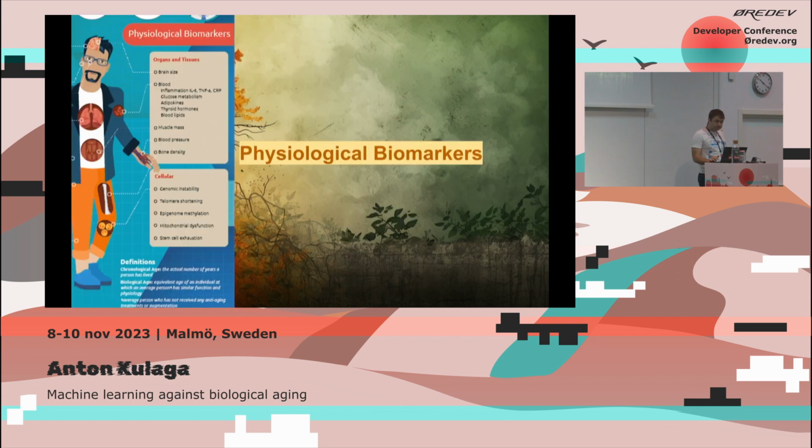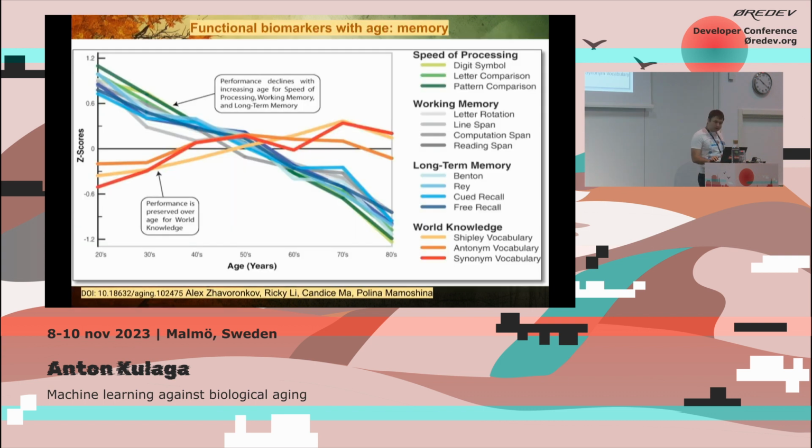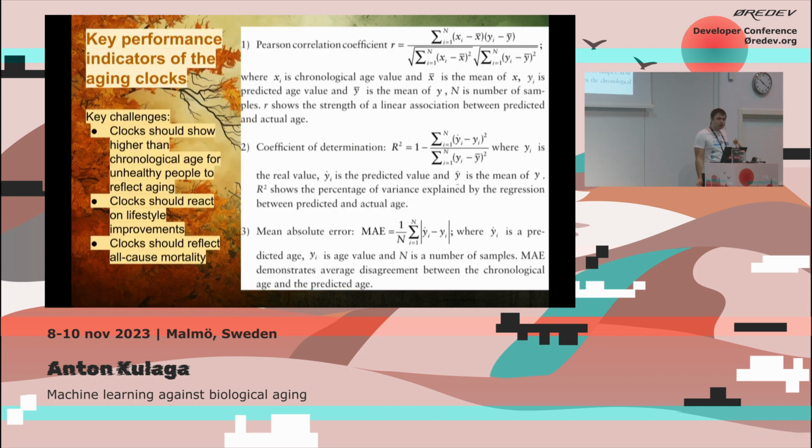And for those biomarkers, here I talked about functional, and if we talk about physiological, usually it's harder to interpret, but usually what you do, you train machine learning models that try to predict your age, and in case, for example, they say you're younger than you are, there can be two cases.